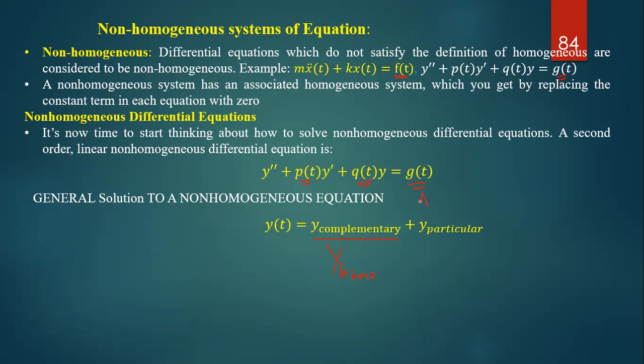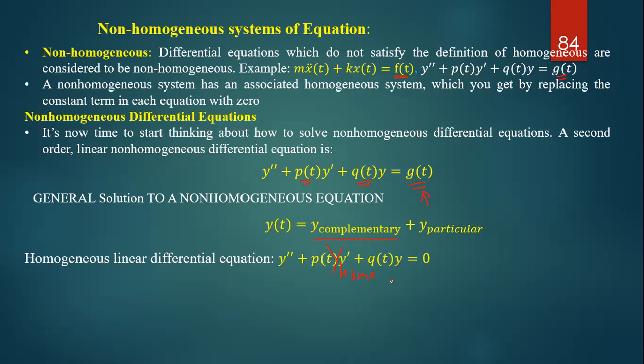Most of the time we select the particular solution based on this term of the equation. If this term is exponential, we select an exponential term. If it is a sine function, we select a sine function for the particular solution. If it is constant, we consider constant or linear terms, and so on.